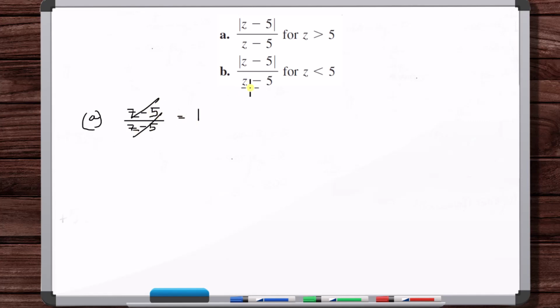When z is greater than 5, that simplifies to 1. When z is less than 5, this is always negative. So we get, okay, and this is negative 1.